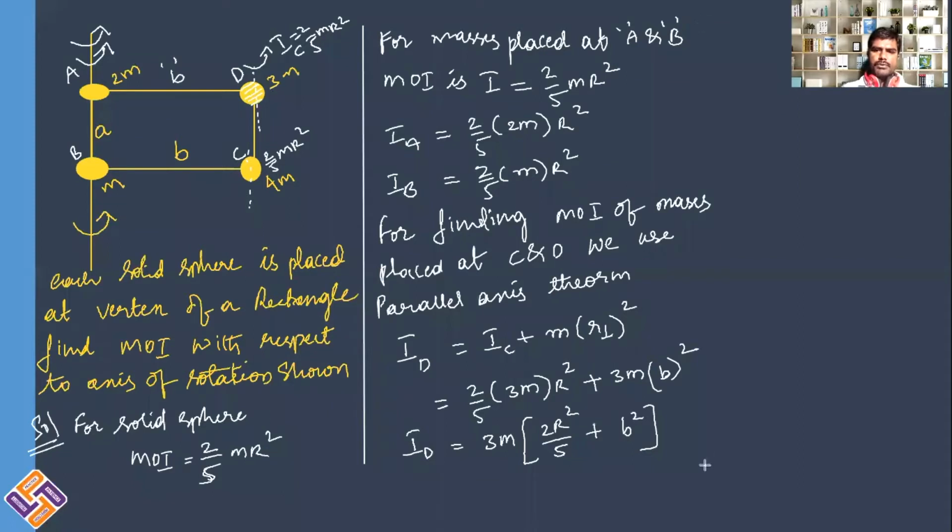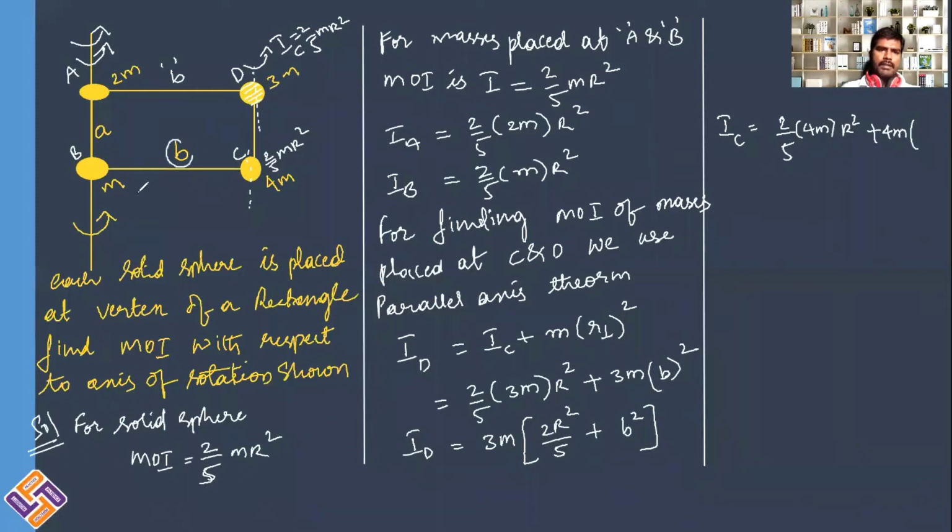Next, similarly, you should calculate the moment of inertia of the object placed at position C. So the moment of inertia I_C will be equal to 2 by 5, its mass is 4m, into r square, plus 4m into the perpendicular distance, which is b, so it is b square.